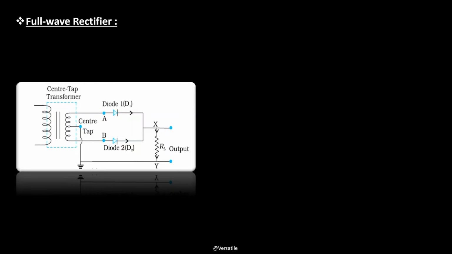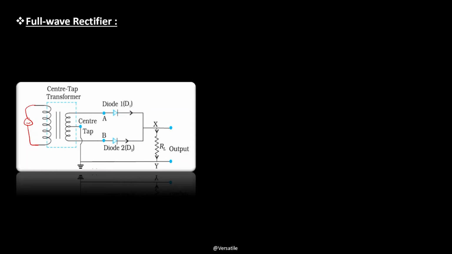So this is the required circuit for a full wave rectifier. Here, instead of a normal transformer, we have a center tap transformer. Here the AC input is not shown. Let me just draw it here for your reference. Okay, so the AC input is fed to the primary coil of the transformer.